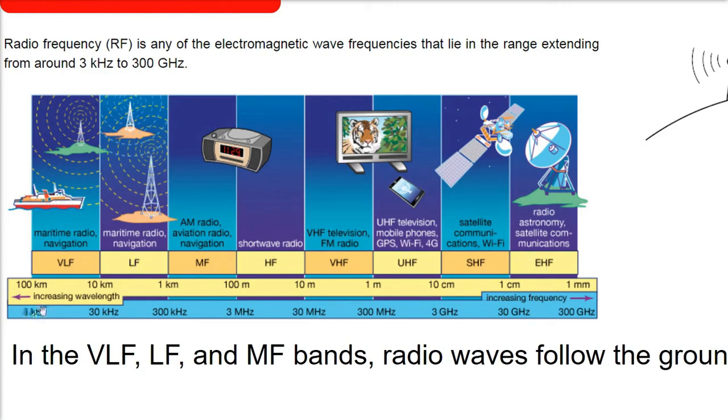When you talk about VLF, we are talking about 3 kHz to 30 kHz. LF, 30 kHz to 300 kHz. MF, 300 kHz to 3 MHz. This is how the wavelength will also change. I am talking about the frequencies.